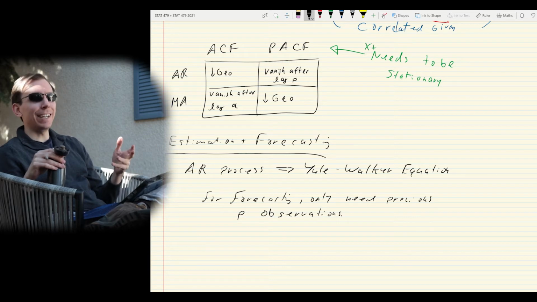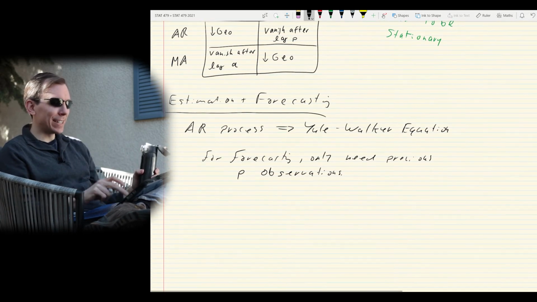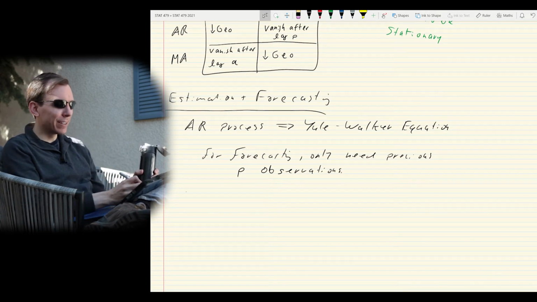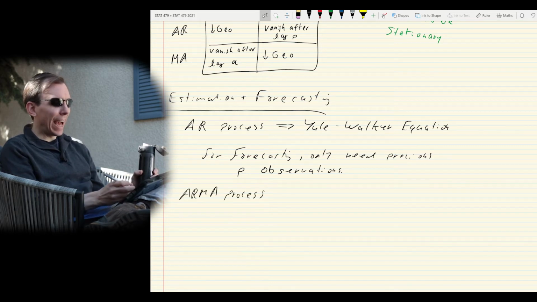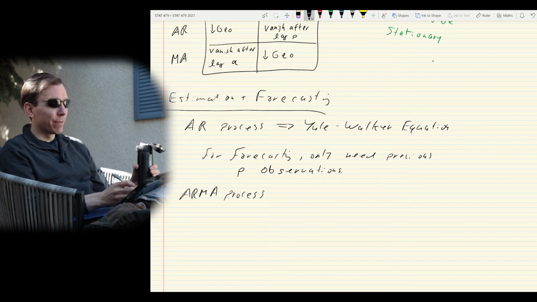And that makes it very easy to run. That's in contrast to doing the same thing for the ARMA process. Because if we have an ARMA process with a, say, non-trivial moving average component, we don't have this nice setting where we can use the Yule-Walker equations.